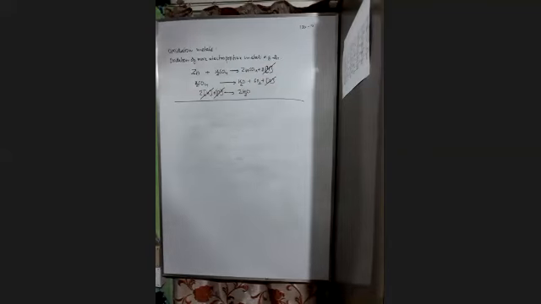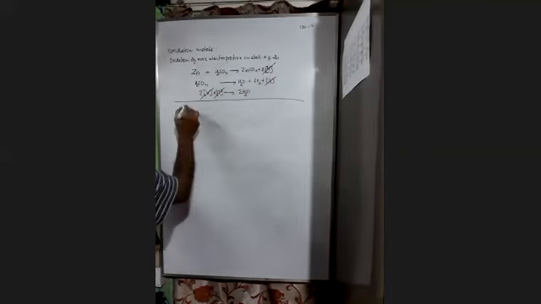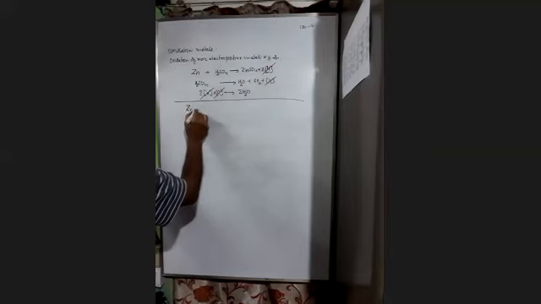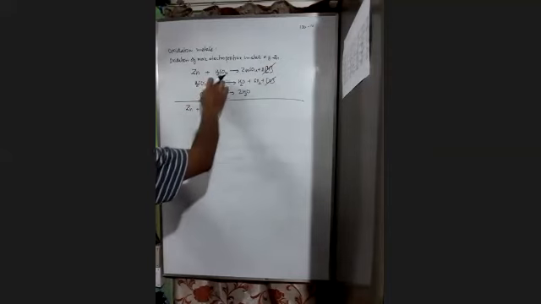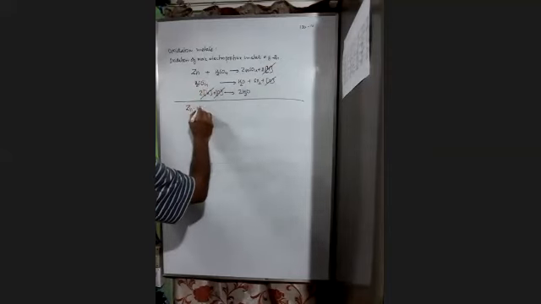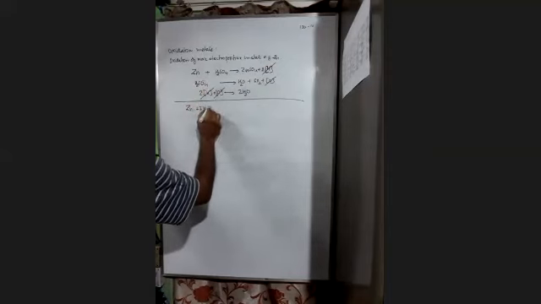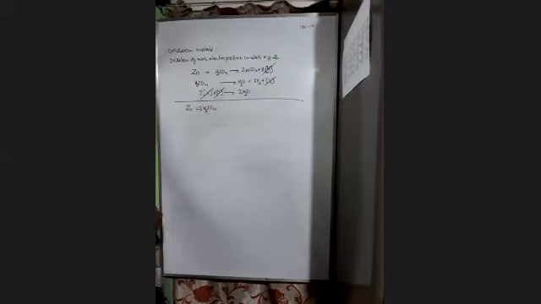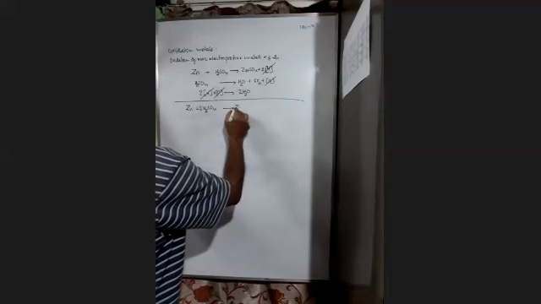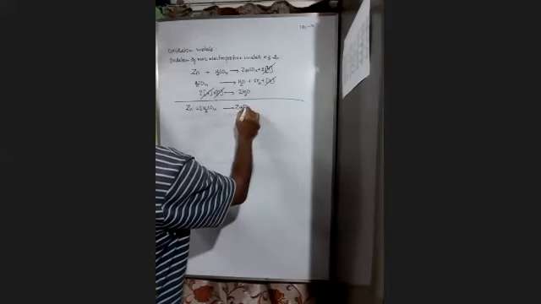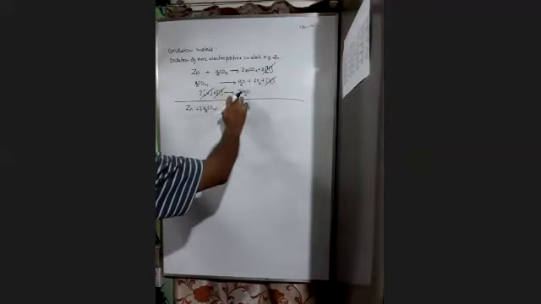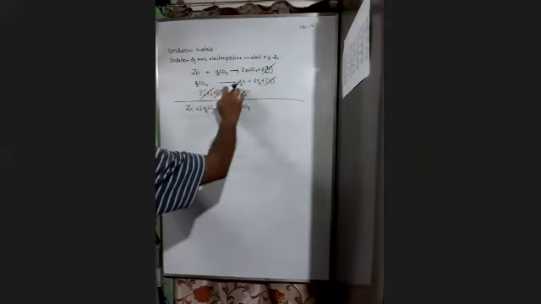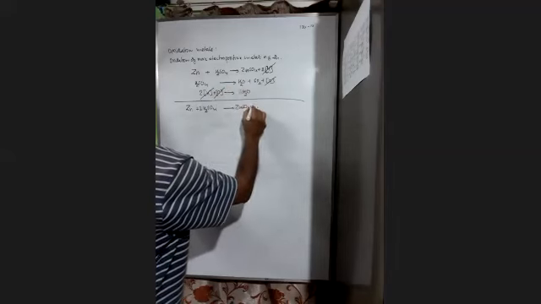Okay. So now we'll write here zinc. How many sulfuric acid? 1 plus 1, 2. 2H2SO4. Then zinc sulfate. See here, 1 plus 1, 2.